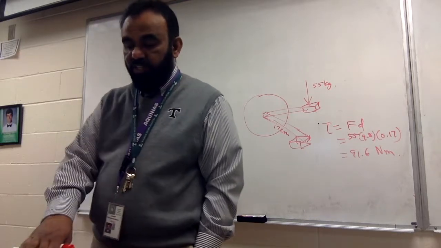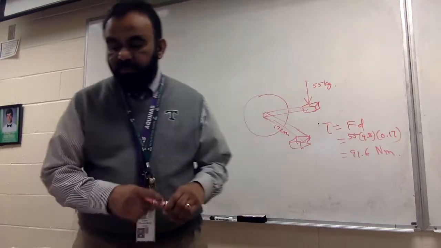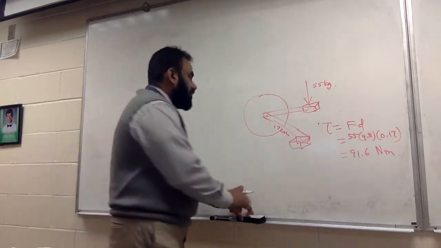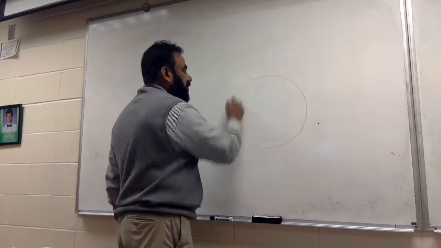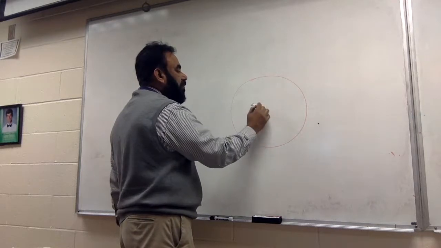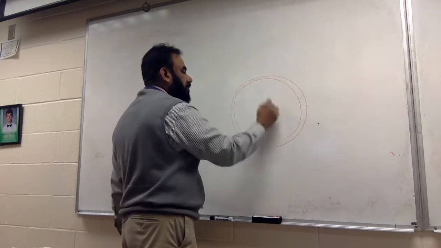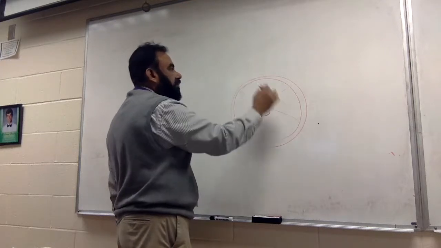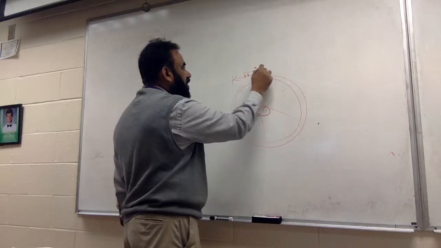Calculate the moment of inertia of a bicycle wheel 66.7 centimeters in diameter.